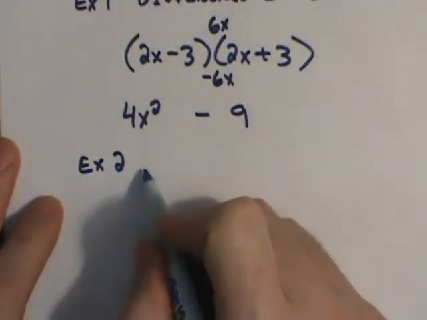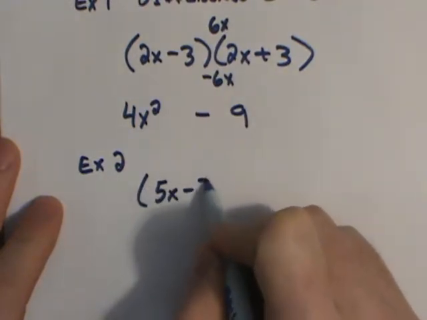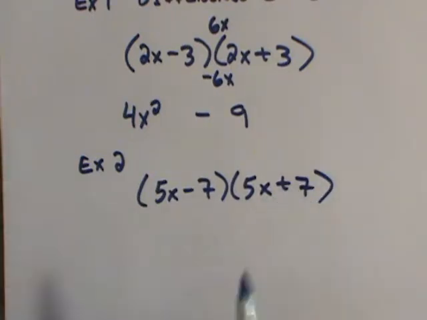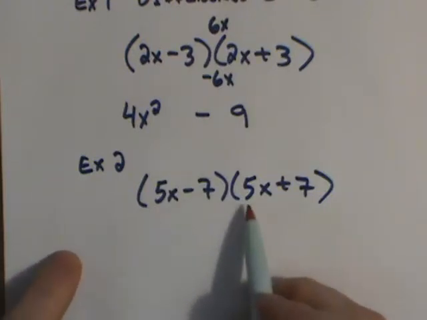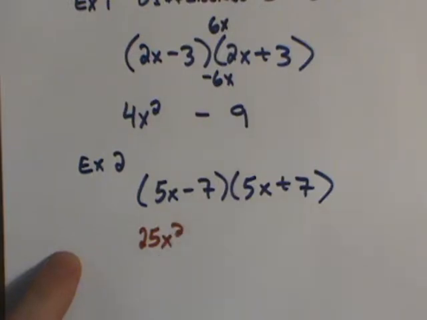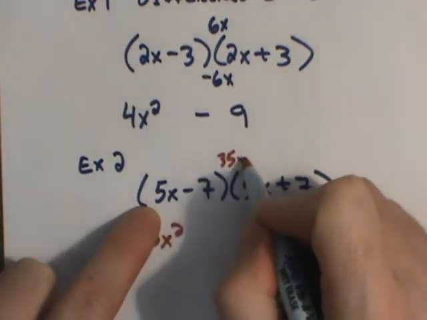Maybe we'll say something like this. We'll say 5x minus 7, 5x plus 7. And so again, I'm going to use my FOIL. I want to do first with first. 5x times 5x would be 25x squared. Outer would be 35x.